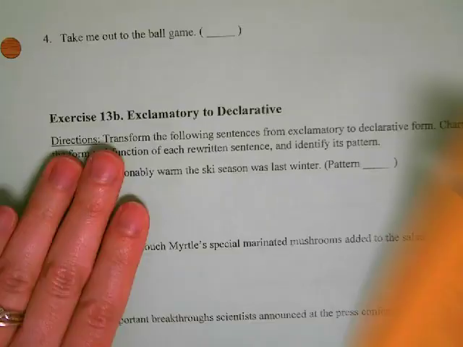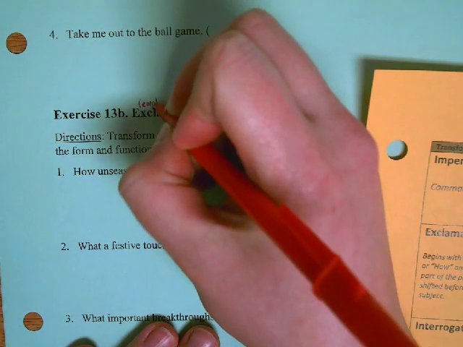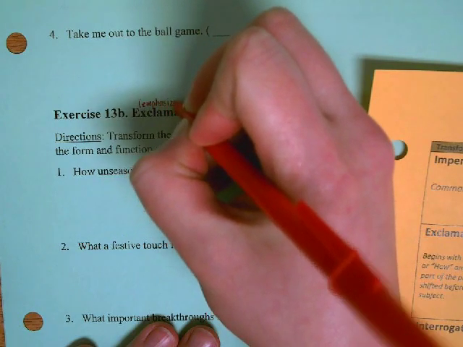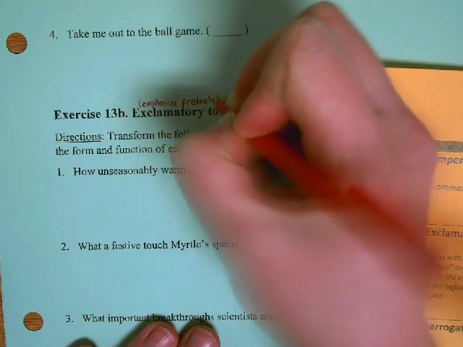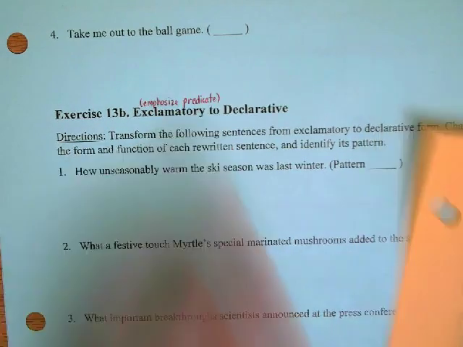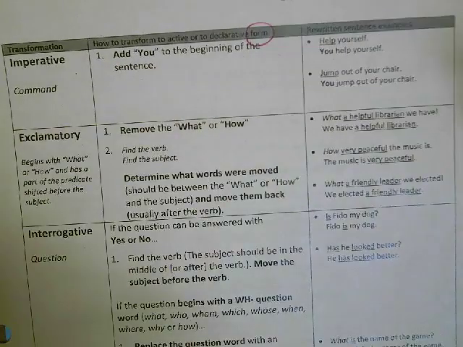Okay, so if you skip down, the second transformation is the exclamatory, right? And the exclamatory is really an emphatic, so you emphasize a piece of, usually it's always the predicate. So you're dragging a piece of the sentence that's after the verb to the beginning, and you do that for emphasis, okay?